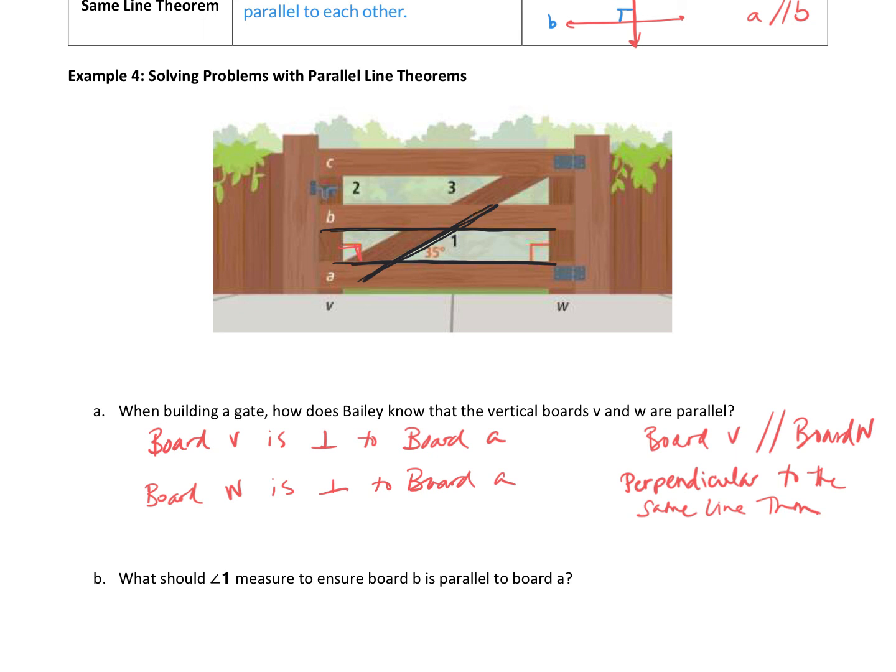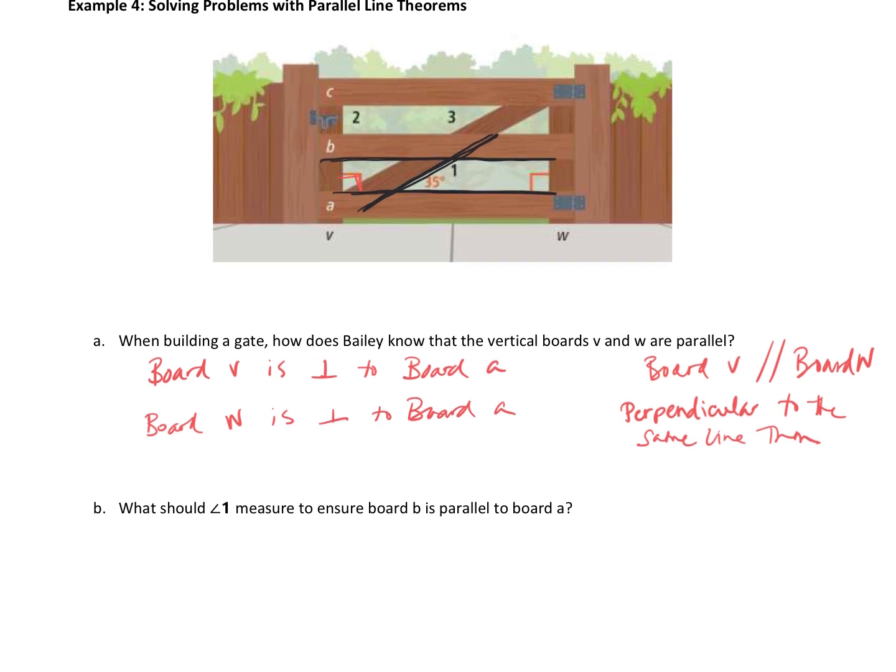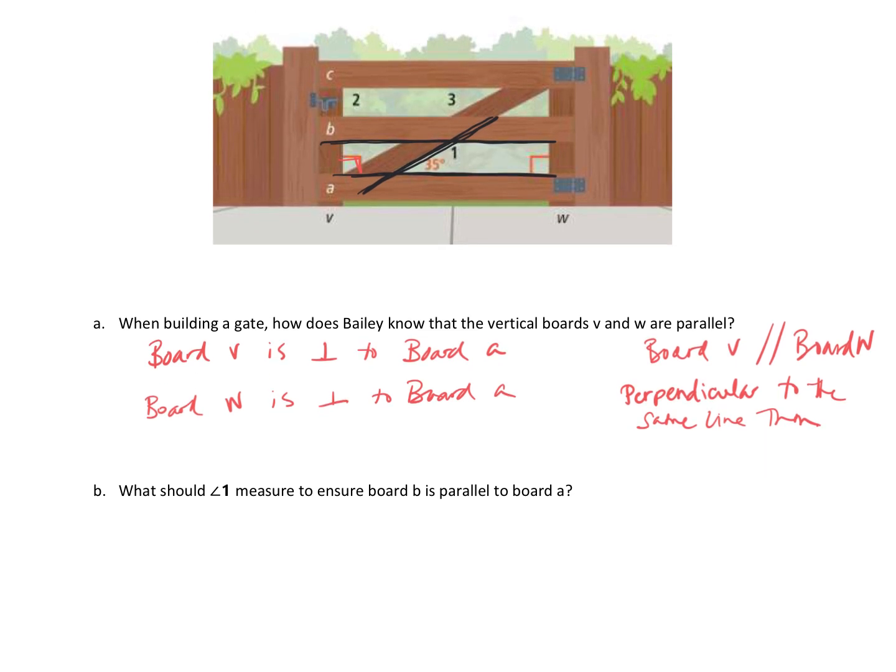All right, so angle 1, they want to know what that should be, has a relationship with this 35 degrees. Those are same side interior angles. So if same side interior angles are supplementary, then the lines are parallel. So we need the measure of angle 1 plus our 35 degree angle to equal 180.